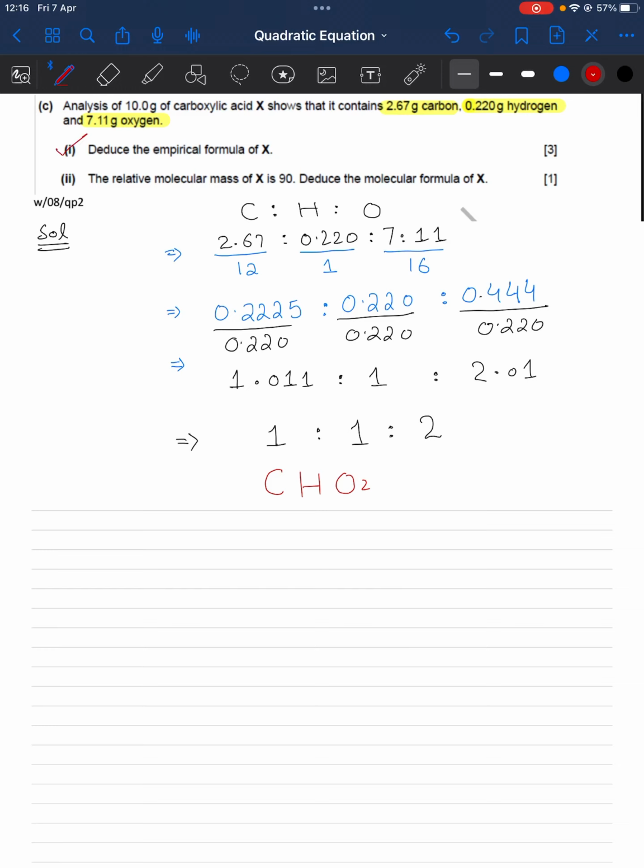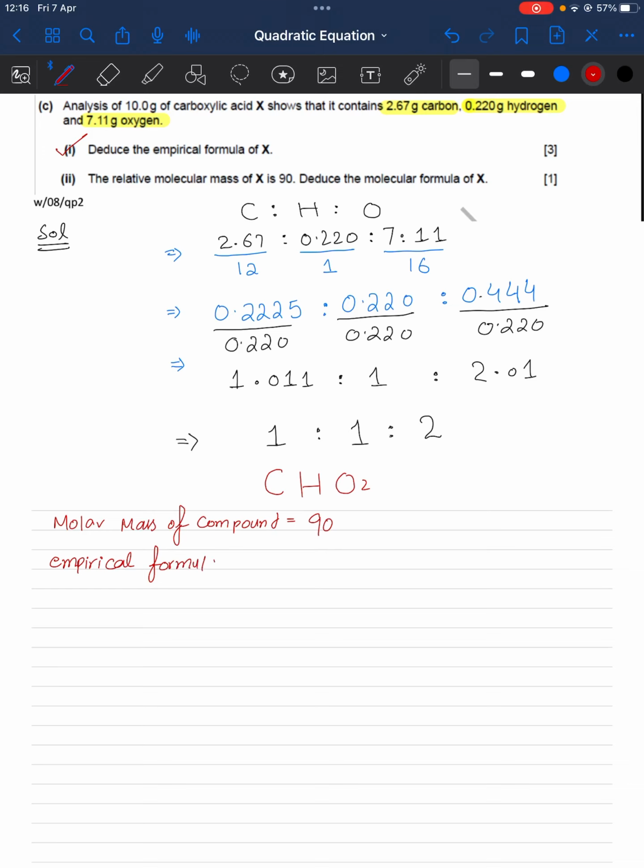Now we will solve the second part, in which we have to derive the molecular formula, and the molar mass is 90. Molar mass of the compound is 90, and we have to find the empirical formula mass, which can be found by using the formula which we have just derived.